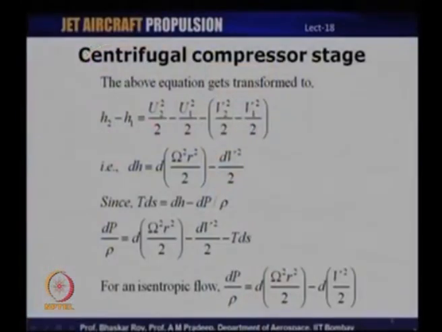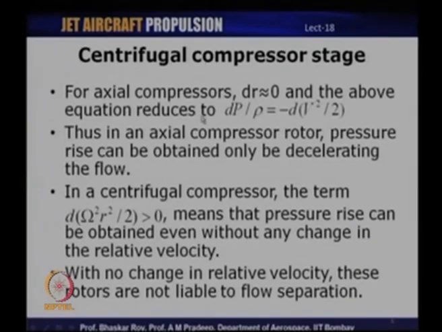So, let us look at that equation once again. We have dP by rho is d of omega square r square by 2 minus d of V square by 2. For an axial compressor, the change of radius is 0, because we consider the same mean diameter or any other circumferential location.